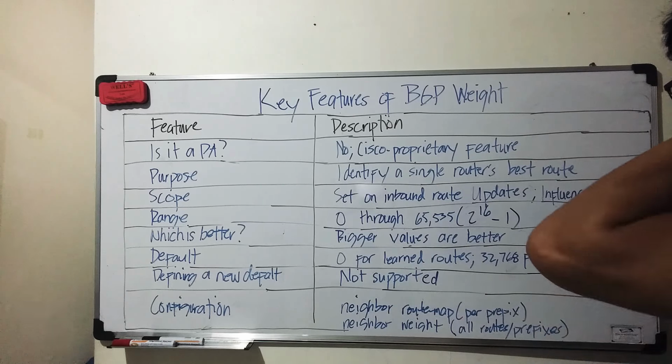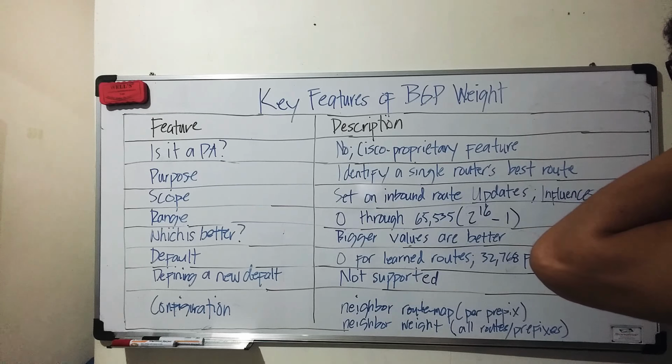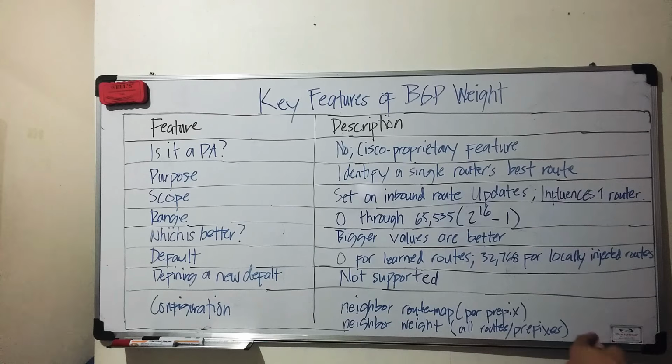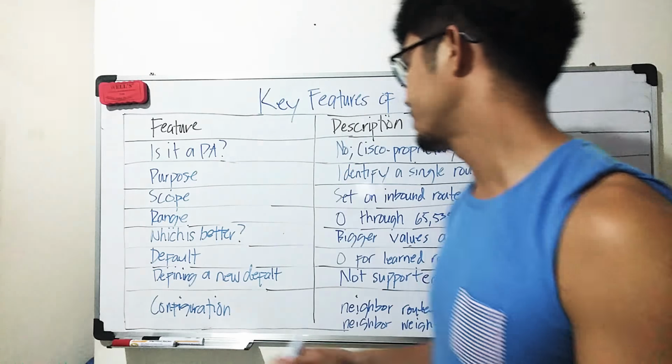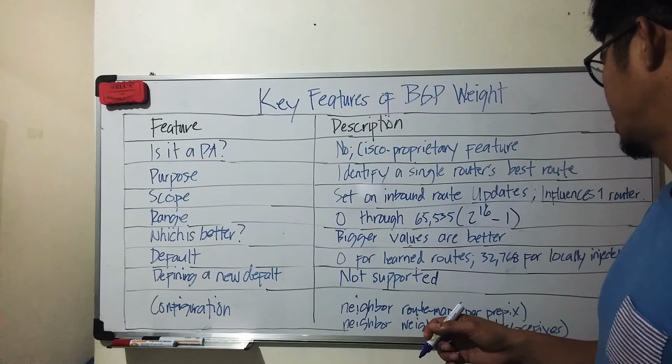These are the routes that are injected using redistribution or the network command.